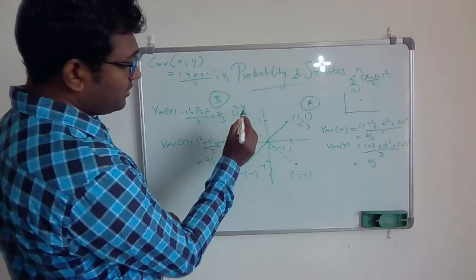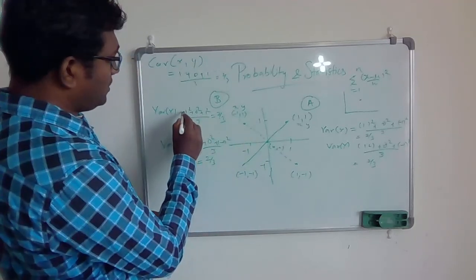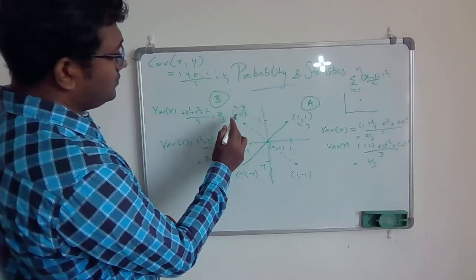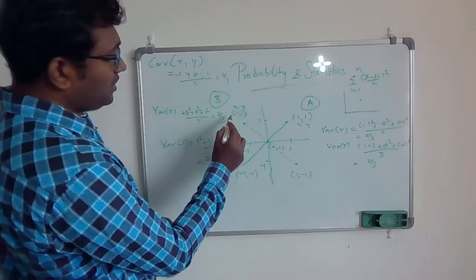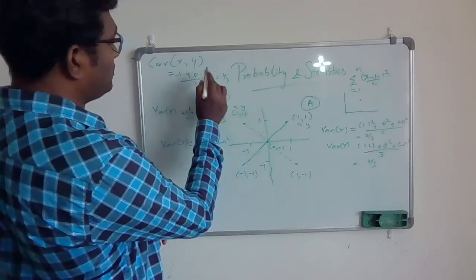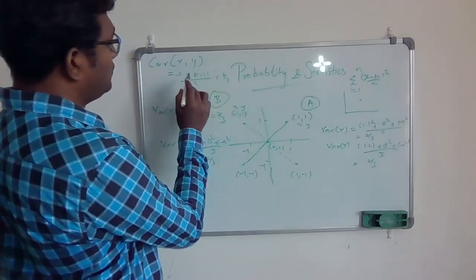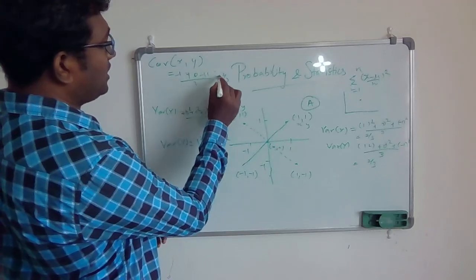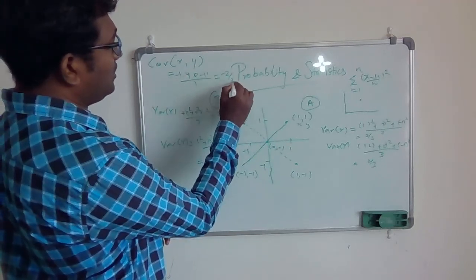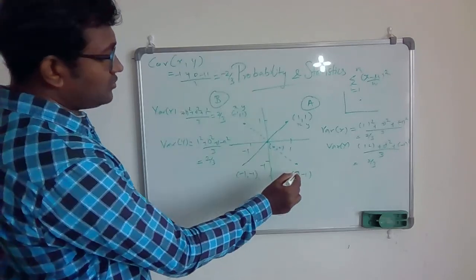There is a mistake here. It's minus 1 here. So if you multiply these two, this becomes minus 1. These two is 0. These two is again minus 1. So if you add these, it becomes minus 2 by 3. The covariance of this line is minus 2 by 3.